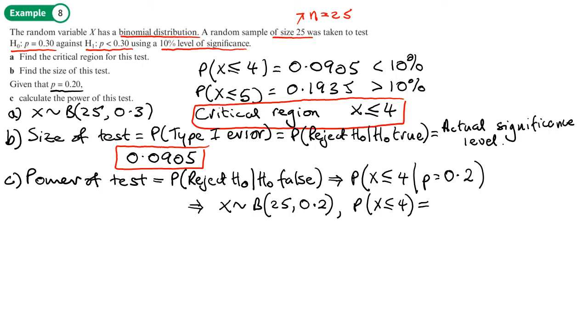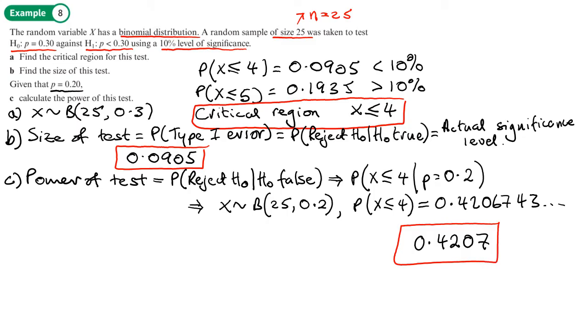It's as simple as that. So using binomial CD, we type in x as 4, n 25, p is 0.2, and we'll get 0.42067443, shorten that to 4 decimal places, 0.4207. So there we go.